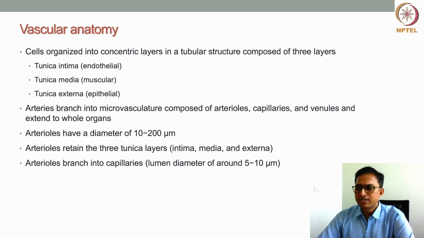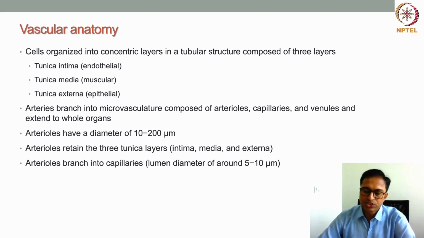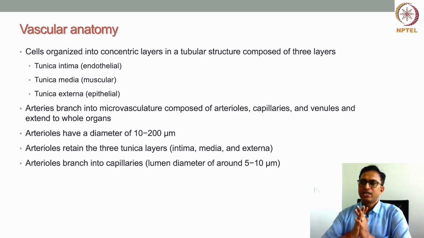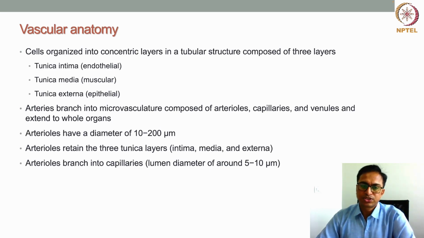Let us now understand the vascular anatomy. Before even targeting vascular bioprinting, we need to understand what the different structures present there are, and the dimensions of those structures are very important to understand, because each of these different structures can be targeted by one or another bioprinting modality.